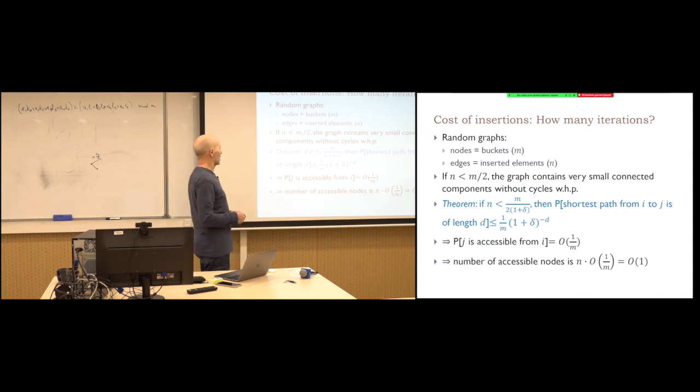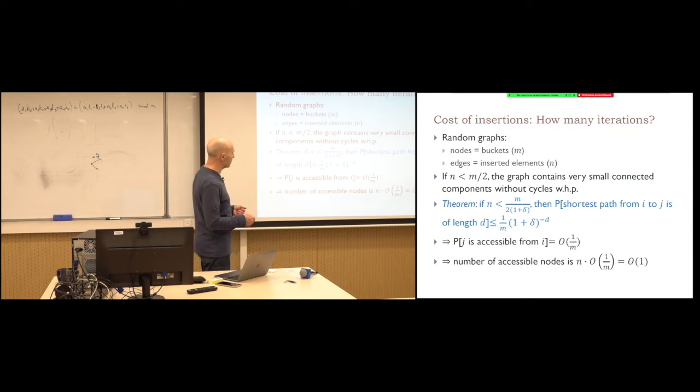And therefore, by summing up over all these, the probability that some node is accessible from the other is 1 over m. So this is a sum over. And the number of accessible nodes is constant. So this is what happens when we have few edges with respect to the number of nodes.